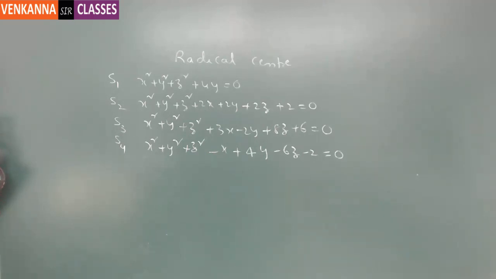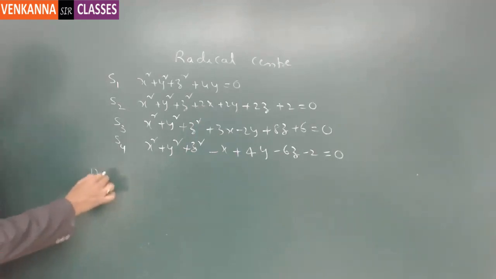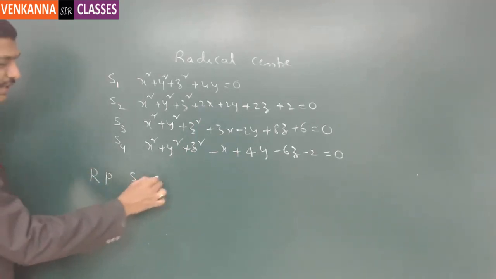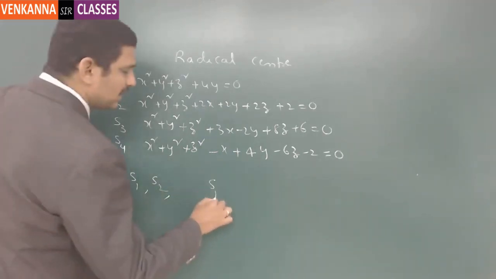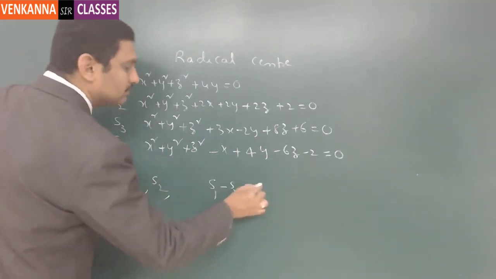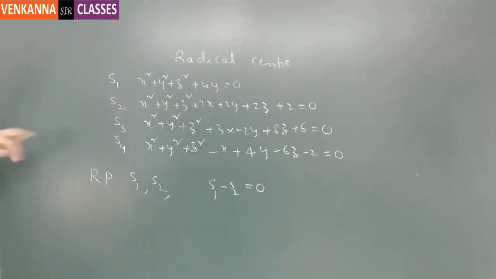If you solve the 4 plane equations, you are finding a point which is common to the 4 planes, nothing but the radical center. So the radical plane of S1, S2, the first 2 spheres, is nothing but the difference. You simply subtract one sphere from the other. You just go for the subtraction.